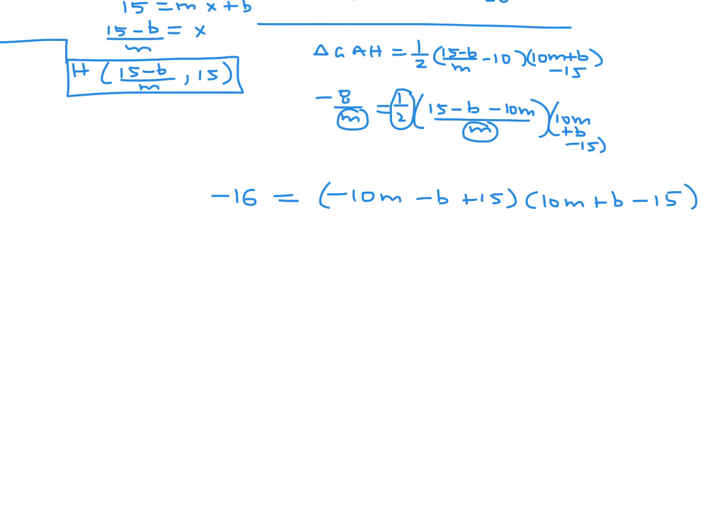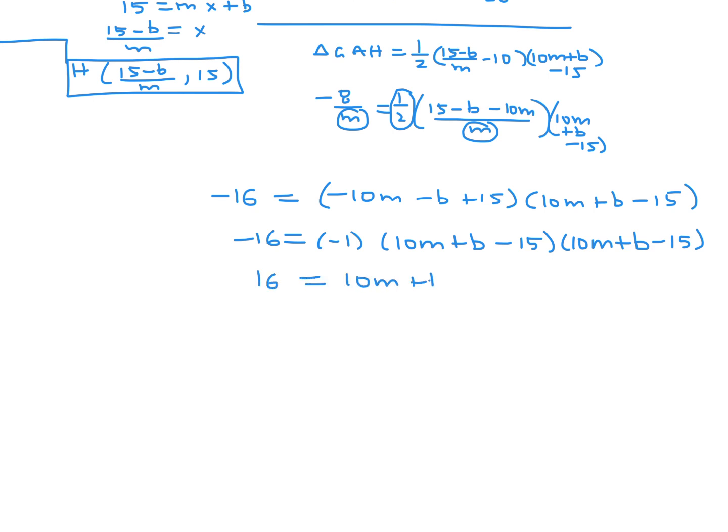Okay, I see a little bit of similarity here. If you factor out a minus 1, you get 10m plus b minus 15, and then we have another 10m plus b minus 15. And that's minus 16. So 16 is basically 10m plus b minus 15, all squared. And if we take the square root, we'll get plus or minus 4 for 10m plus b minus 15.